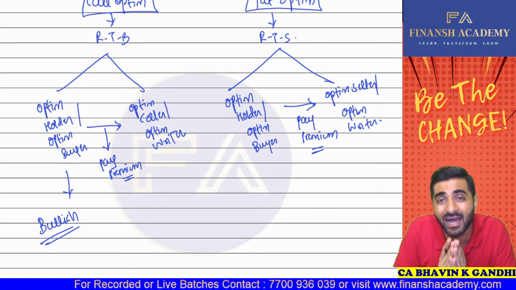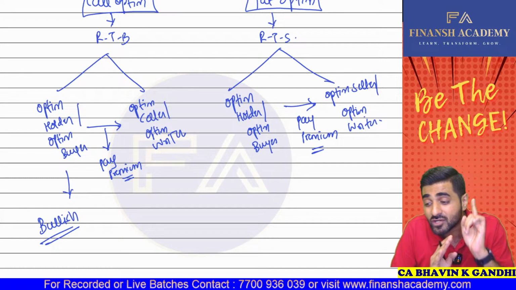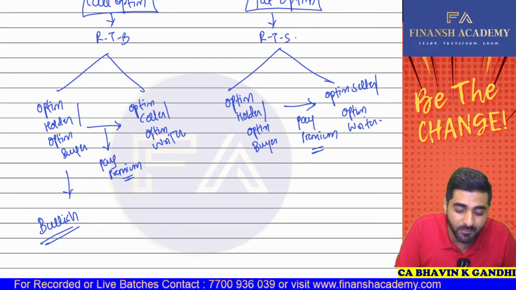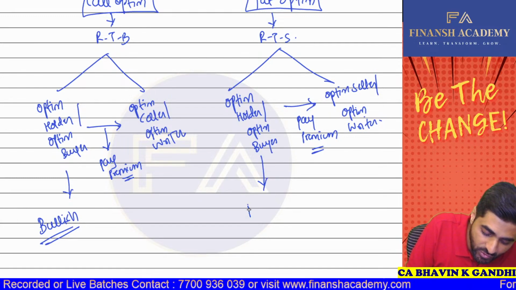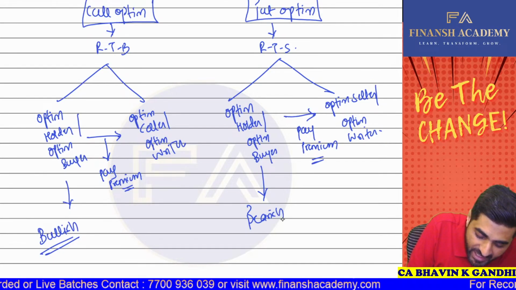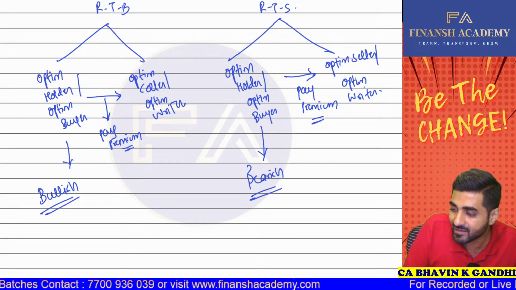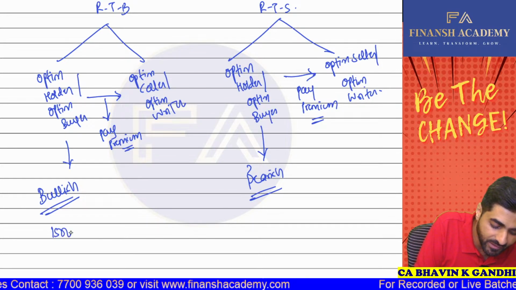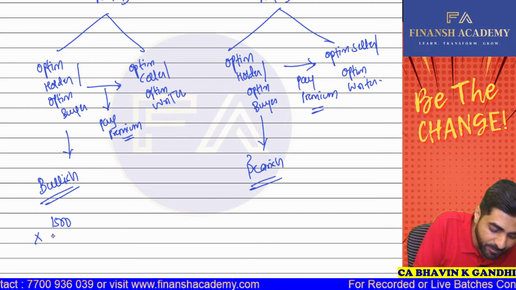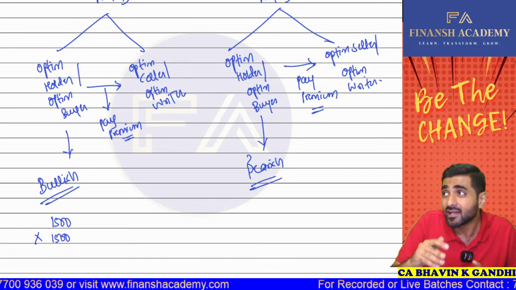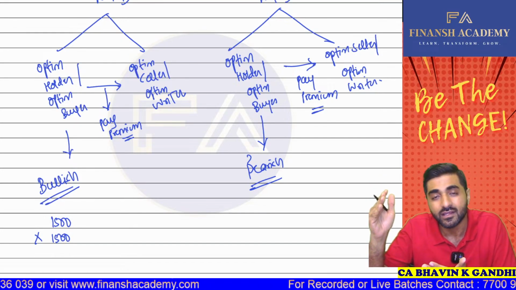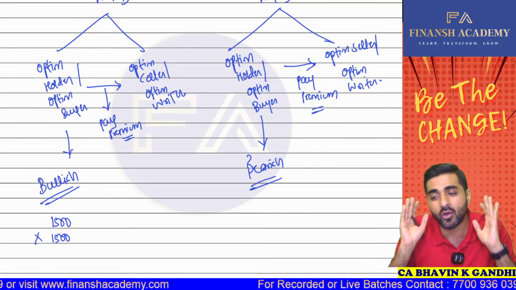At the same time, who will buy a put option? The person who has a bearish view. If I think that the spot of RIL is, let's say, 1500, and the strike price is 1500, and I think that the price is going to become 2000, then in that particular case I will buy a call option.